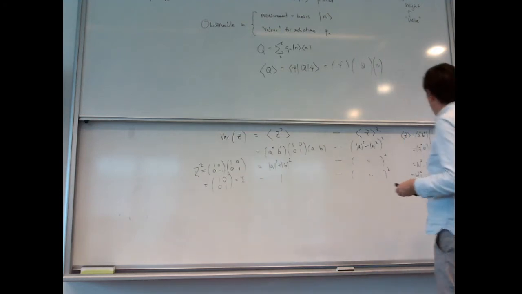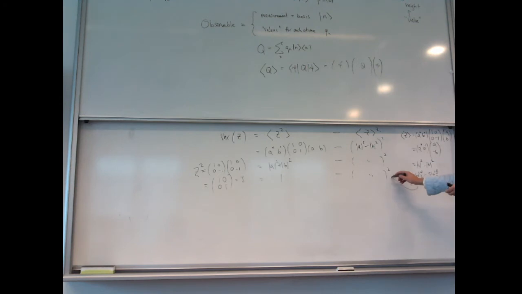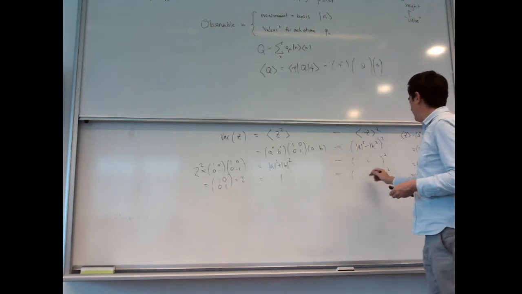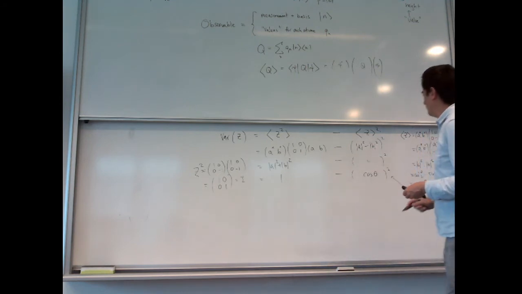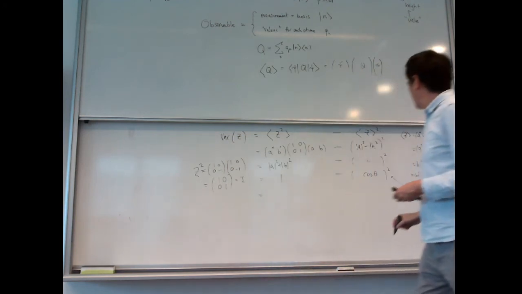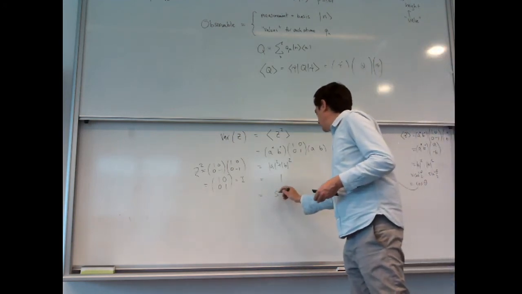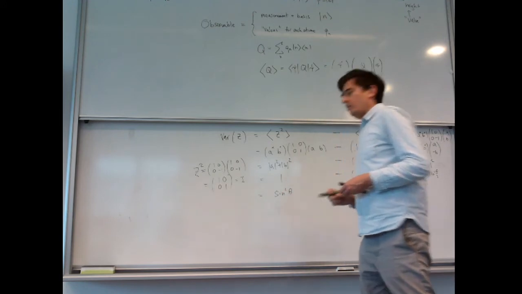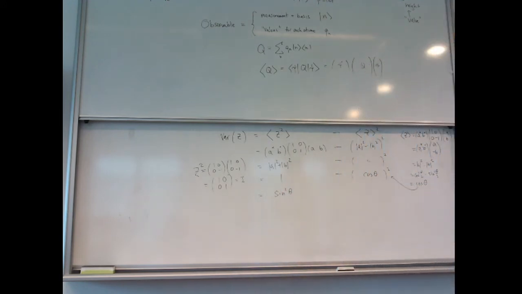So Z is cosine of theta, so this is going to be cosine squared theta, and so this is going to be sine squared theta. Okay, I think now I should have it right. Yeah, now it makes sense.